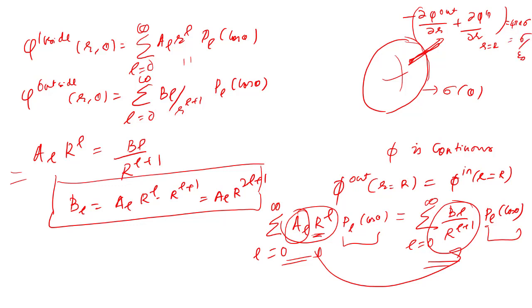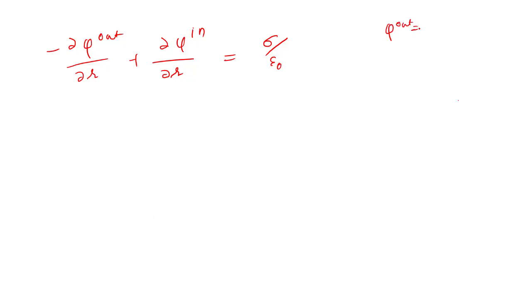So now we can apply that here. We have minus dou phi out by dou r plus dou phi in by dou r equal to sigma by epsilon naught, and we have phi out to be equal to B_L by r^(L+1). I am not writing the summation explicitly, but assume that L is going from 0 to infinity, right?